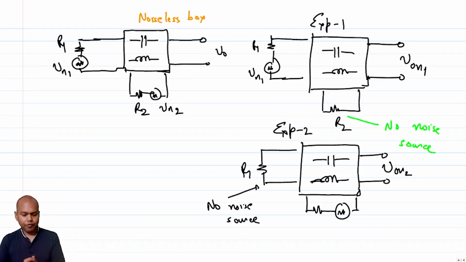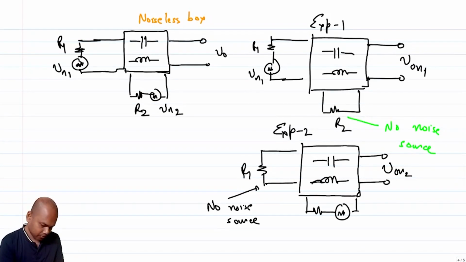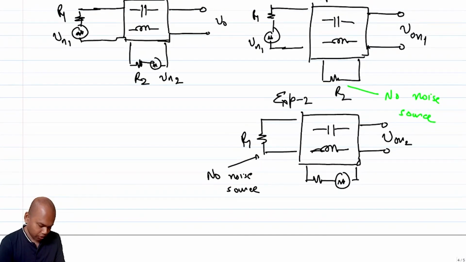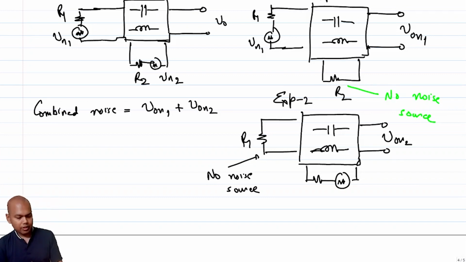And I'm going to combine the effect of VON1 and VON2. So what will be the total output noise? The combined noise is VON1 plus VON2, and this is in the time domain.